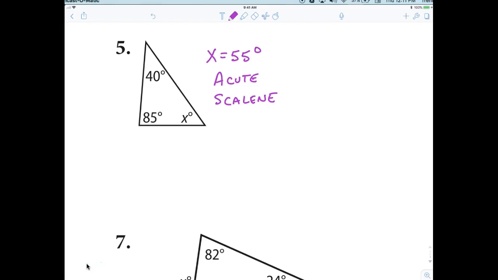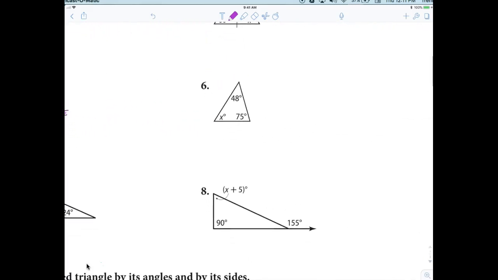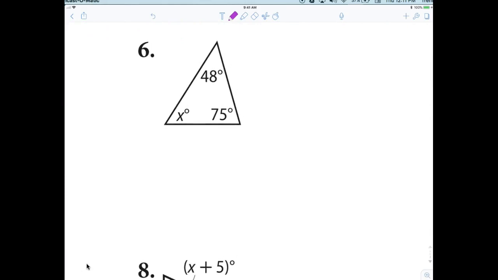All right, Abby, why don't you help me with number 6? What does X equal? For number 6? How did you get that? 49. Wait, no. Do we agree 57, guys?